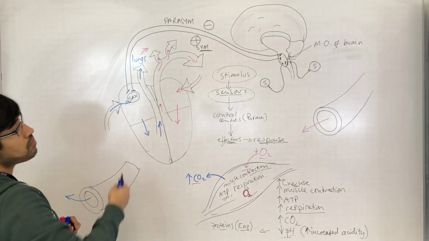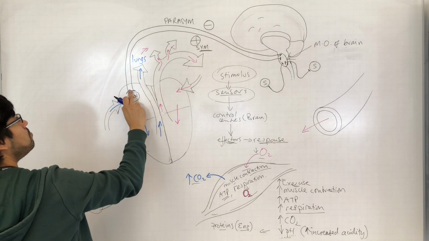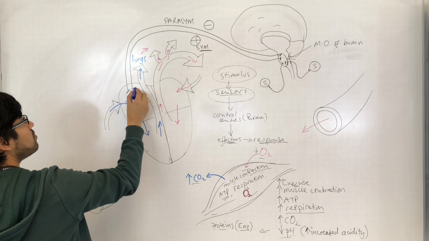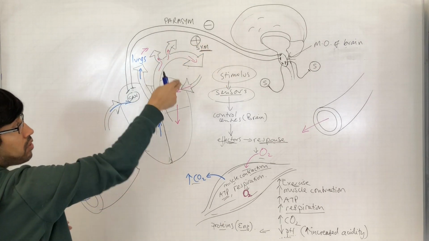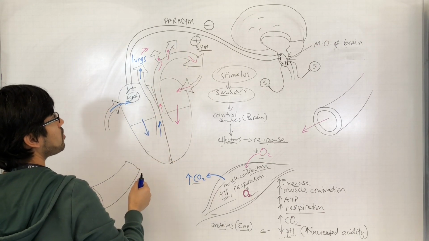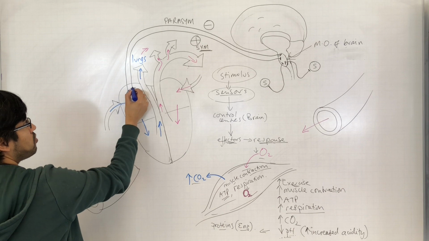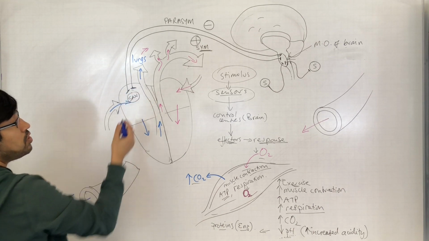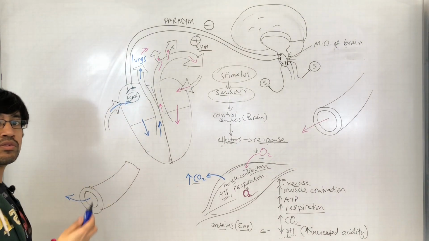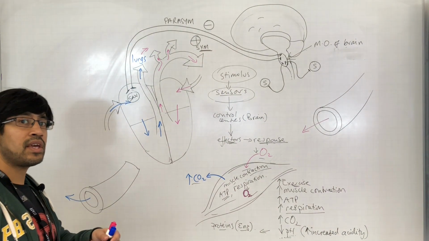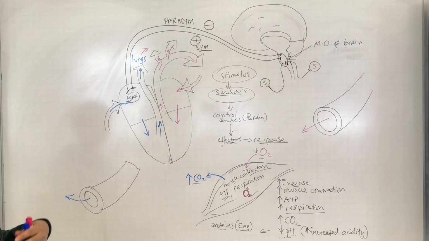Now, when the impulse moves down one of these two nerves, at the end of those nerves they release neurotransmitter, and it's the neurotransmitter that actually affects the cells of the SAN, causing the SAN to either increase its rate or reduce its rate.